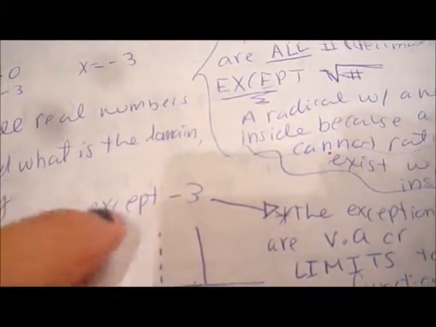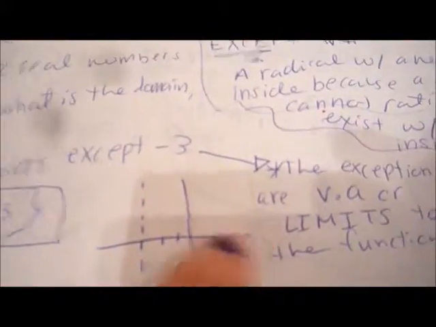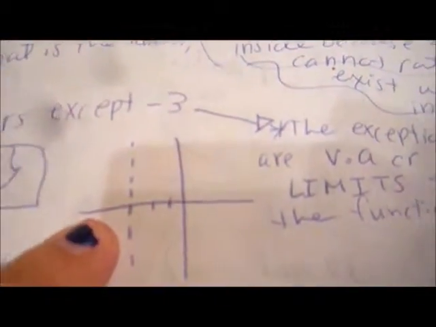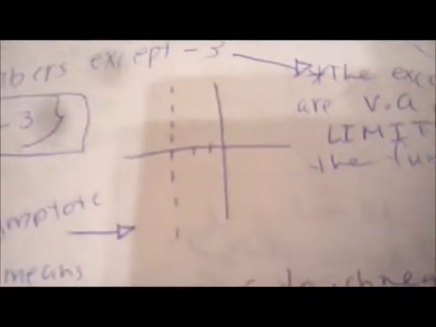The graph can go through here, it can go through here, but it can never touch -3, which is why -3 is a limit, or a vertical asymptote. The function can never touch -3 from the left or from the right, because it is a limit to the function.